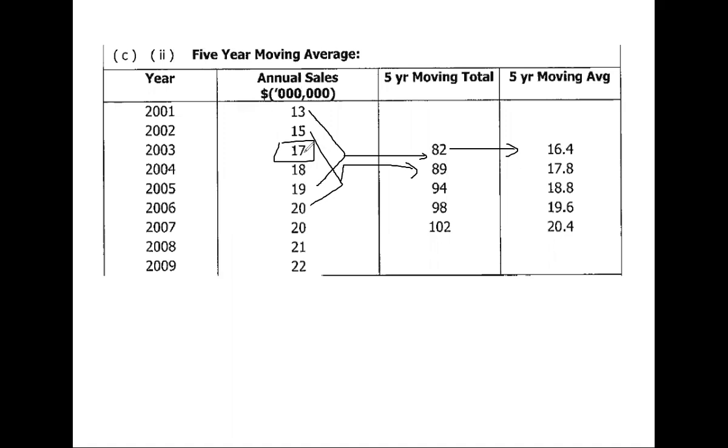Next 5 years will be from 17 to 20 here, okay? Next will be from what? 18 to 21. Next will be from 19 to what? 22, okay? And we are done with the computation. Very well. So once you get a total, then you find the average by dividing by 5.